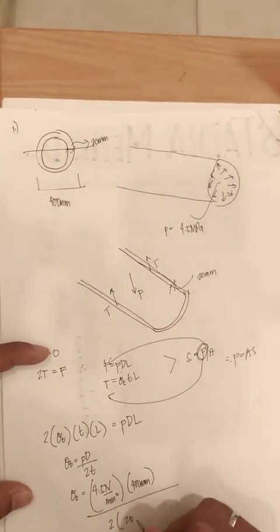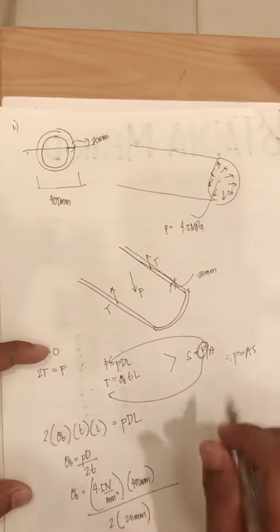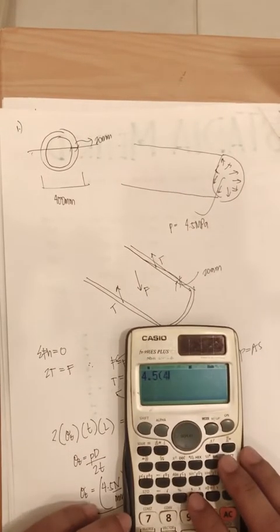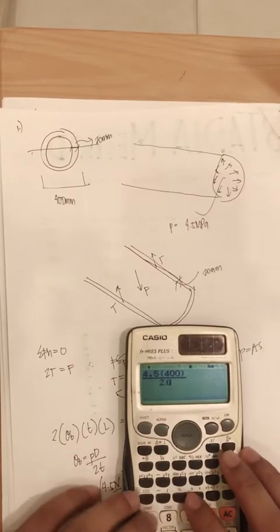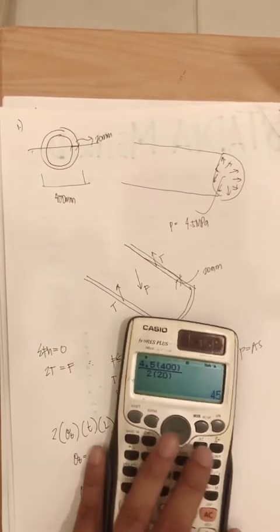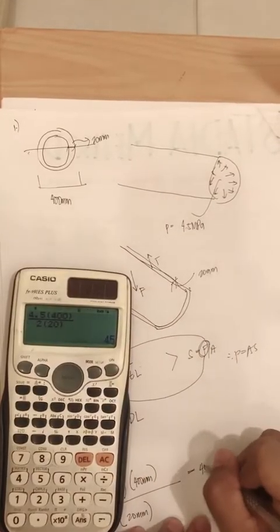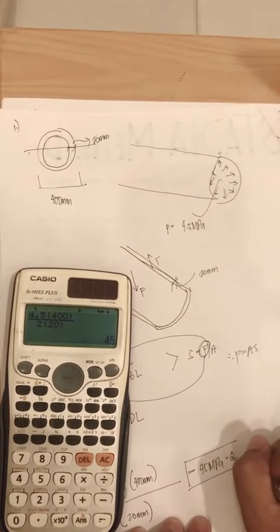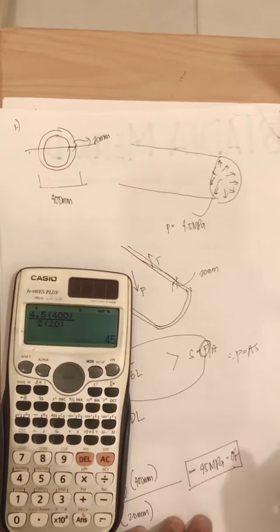So 4.5 times 400 over 2 times 20. Ang ating stress is equivalent to 45 megapascal. Ito is the tangential stress.